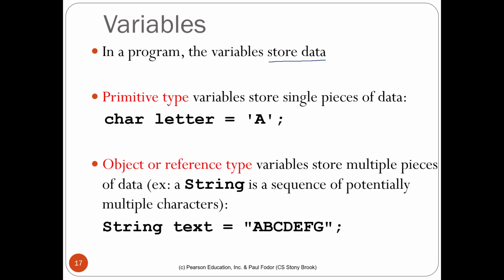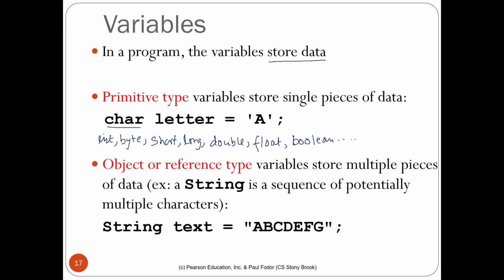The example of the primitive type is char that you see right here. Then we have int, byte, short, long, double, float, and boolean.